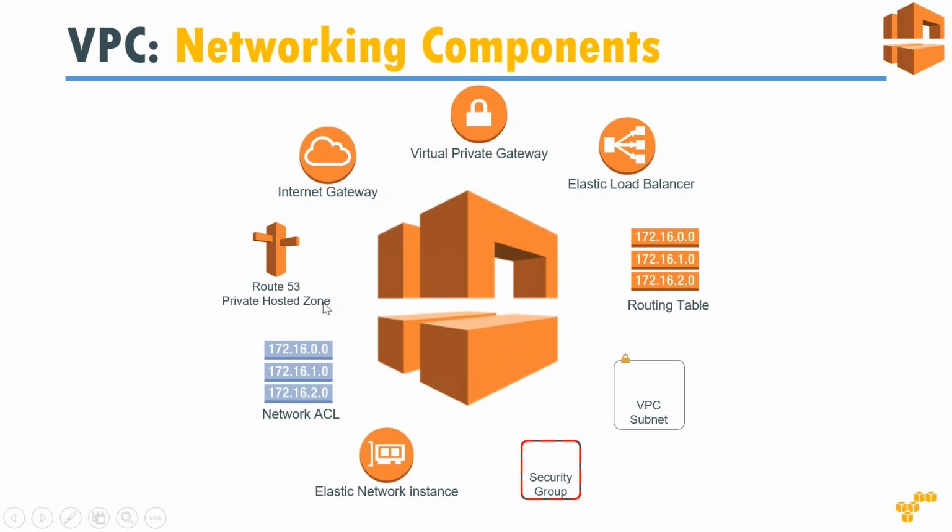But if you're going to set up a private hosted zone, or if you have your own domain name, or if you're trying to connect to your VPC through the internet, then these two services come into play, as well as a VPN gateway. So depending upon whether you're coming from the internet or have all the network connectivity locally, you're going to use different components.